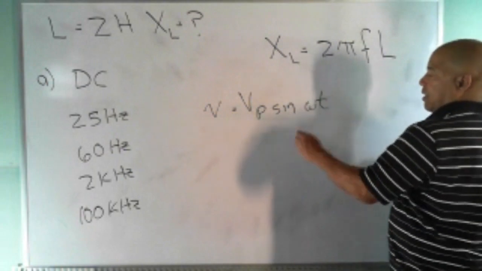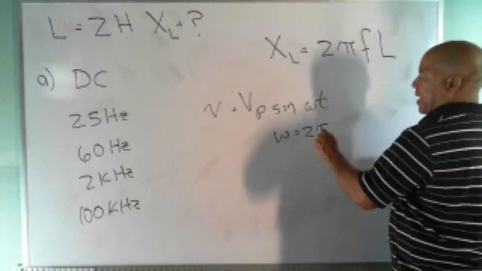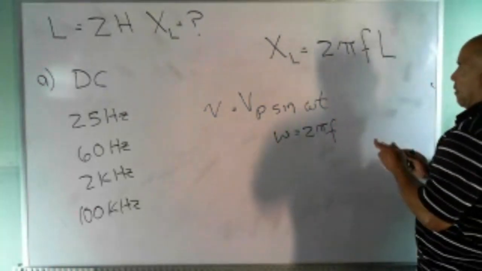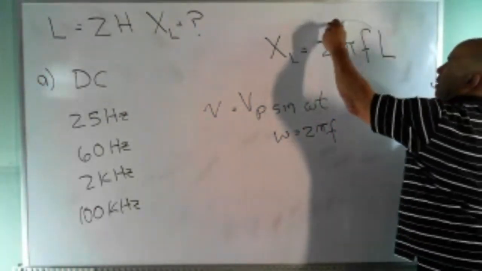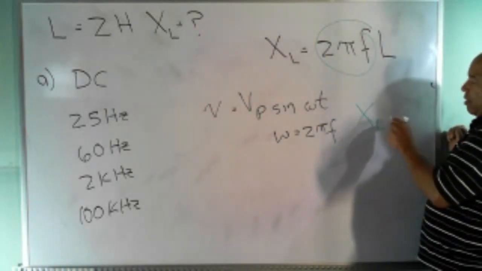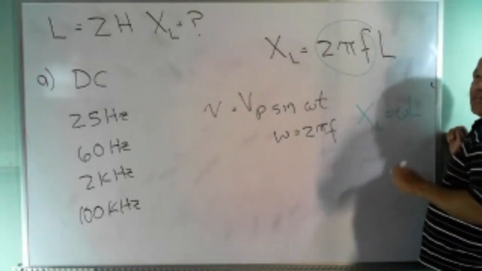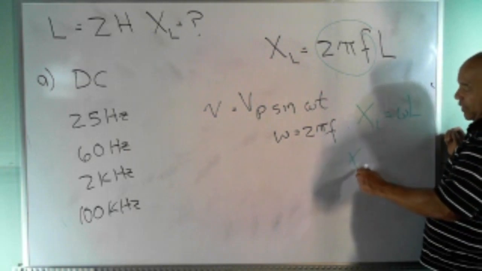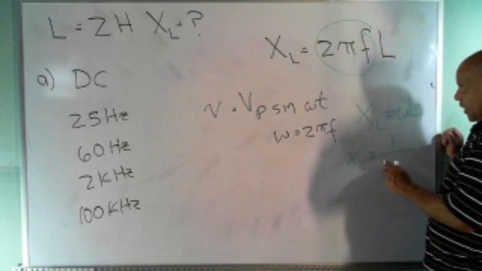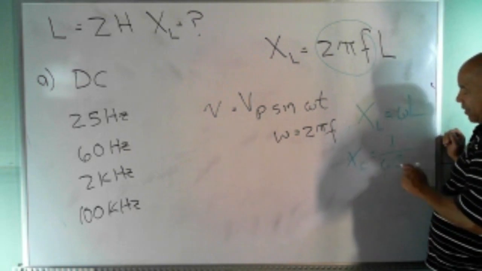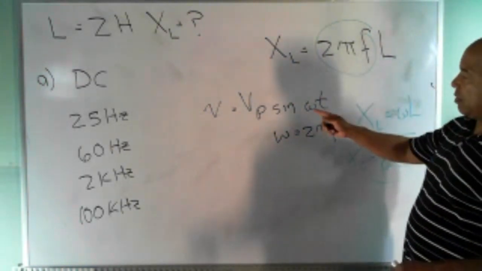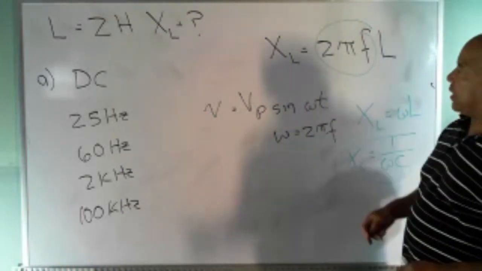We said omega was equal to 2 pi F. So basically this right here, that's omega. So you can also write XL as omega L. It's a little easier to remember. And the same with XC. XC is 1 over, I got that 2 pi F in there again, so it's 1 over omega C. So I tend to remember it this way, but I just want you to know that that's omega L.